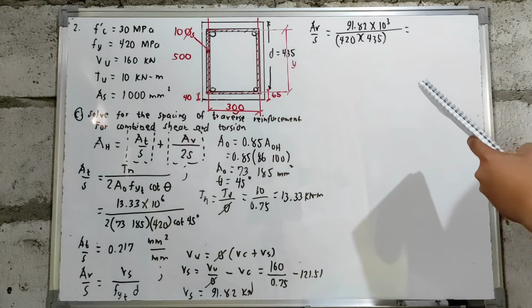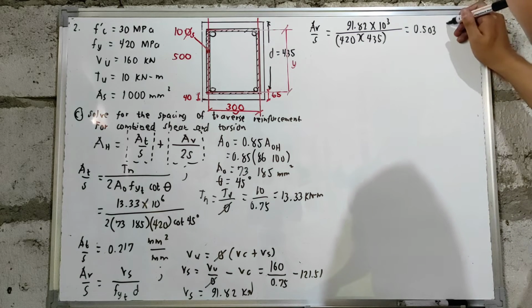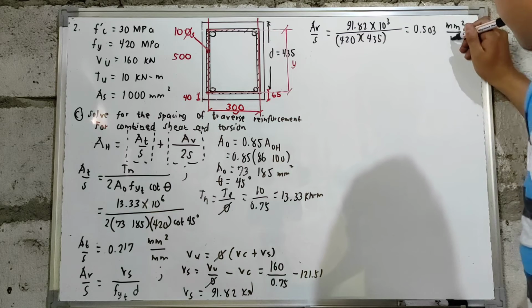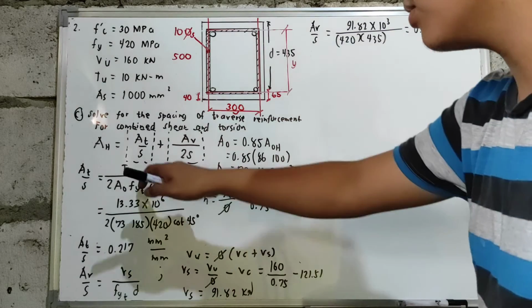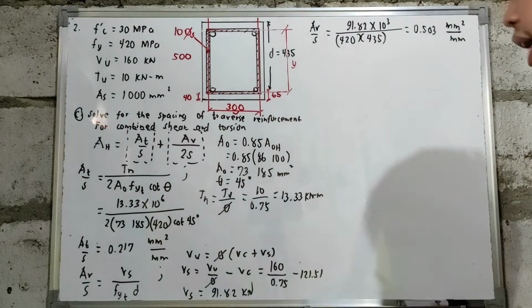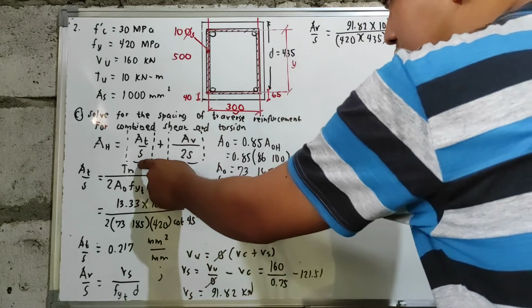So, AV over S, we have a value of 0.503 millimeters squared per millimeter. After that, we got AT over S and AV over S, so we can now combine the shear and the torsion.